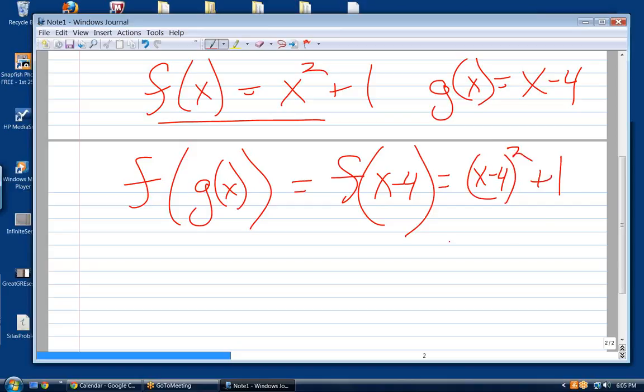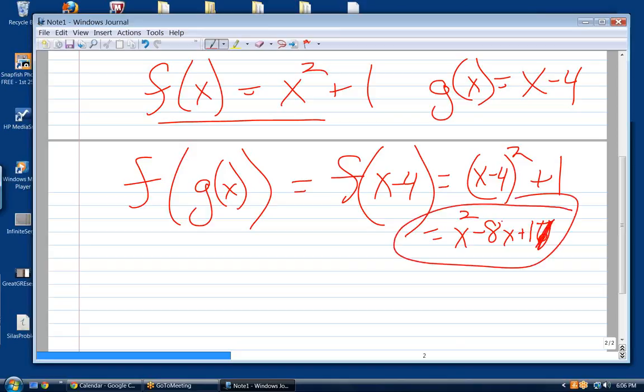Expand that: x squared minus 8x plus 16, or plus 17. And that's the final answer as to what is f of g of x.